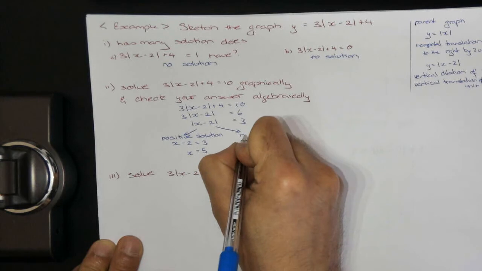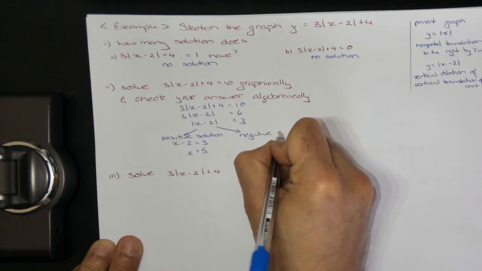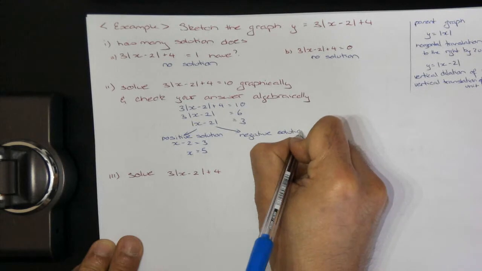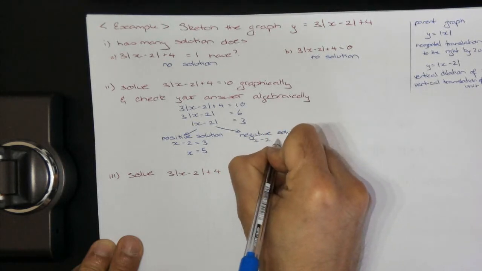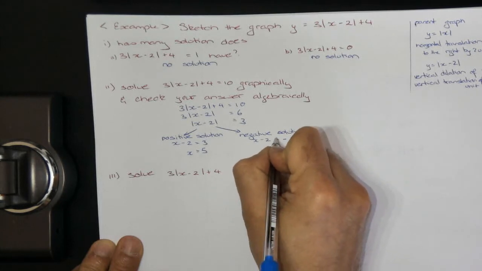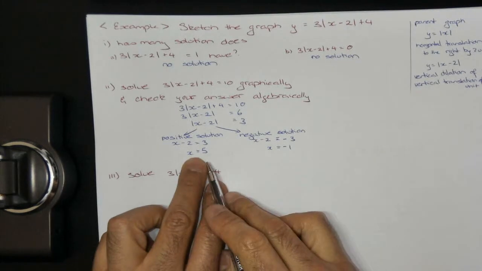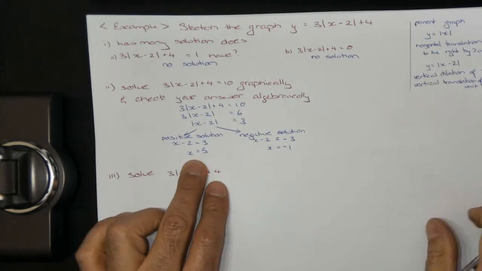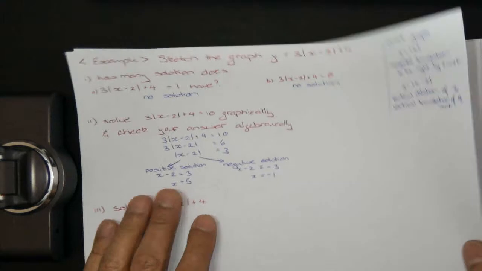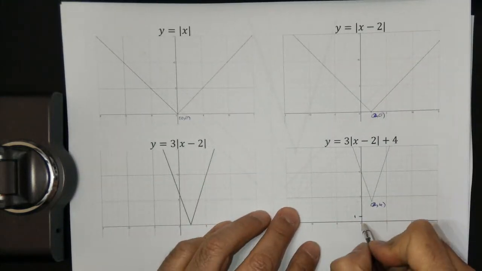Then I've also got the negative scenario, where x minus 2 is equal to negative 3. So add 2, and I get 2 solutions: x equals 5 and x equals negative 1. So let's look at our graph and see what we get. Alright, so here is our function.